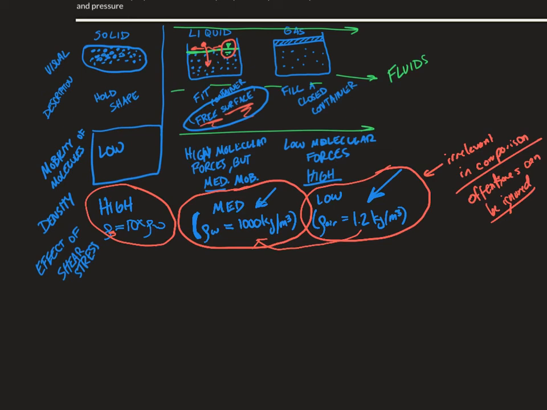Okay, so the effect of shear stress. This is a stress. Let's imagine I've got a solid like this, a block of wood or something, and I'm going to shear it, meaning I'm going to produce a stress that is lateral like this. If we have a shear stress on this object, it is going to want to deform.